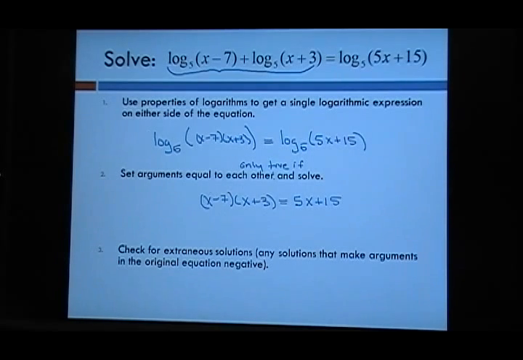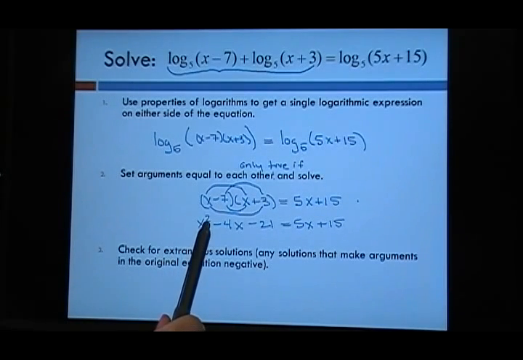So I need to FOIL on the left-hand side. So the x times x, I get x squared. Negative 7x plus 3x is minus 4x. And negative 7 times positive 3, I get negative 21. This equation is quadratic. So I'm going to get one side equal to 0.